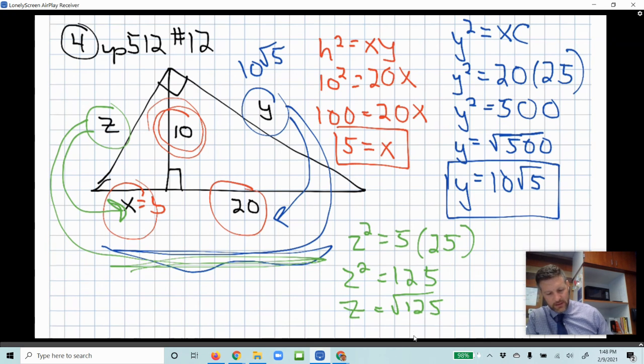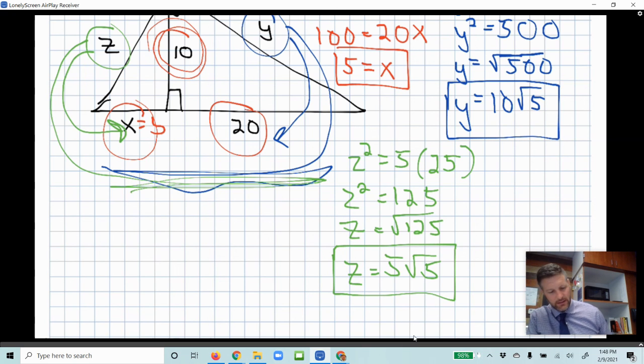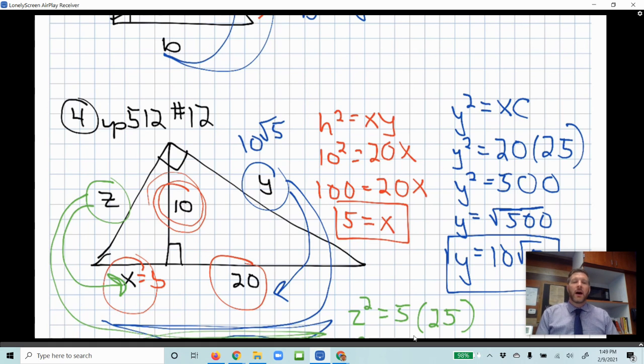In first effort, that's a fine, good answer, but we're going to want to learn to simplify that even more. You'll find out that z is equal to 5 root 5. Again, we're going to review that simplifying radical process in class. So we have similar triangles, and we're going to be using the geometric mean.